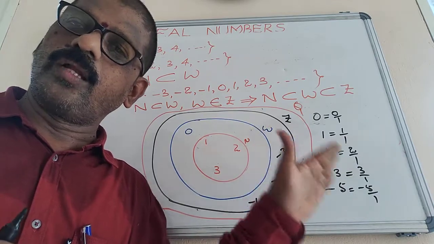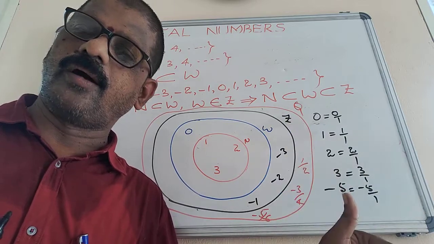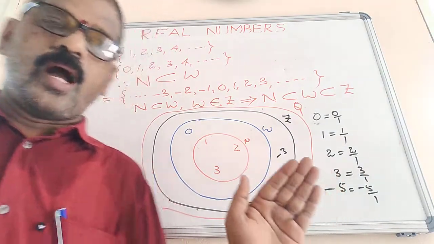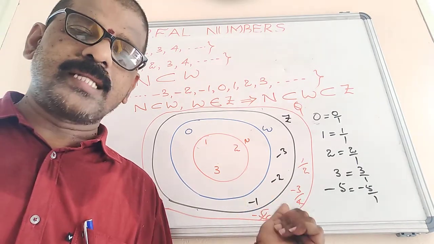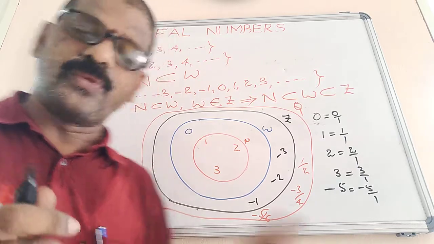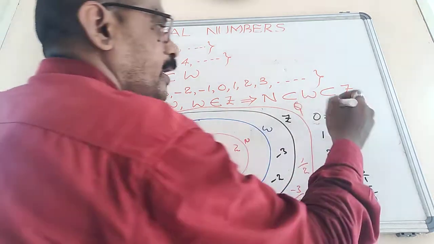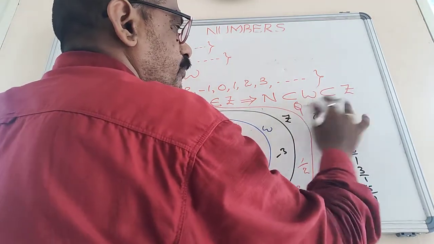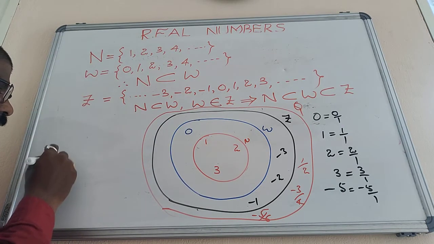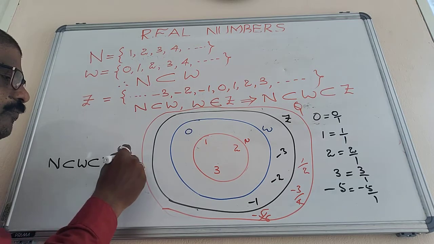So after that, we have to observe that N is a subset of W, a subset of Z, a subset of Q.